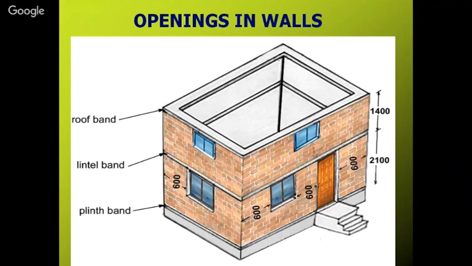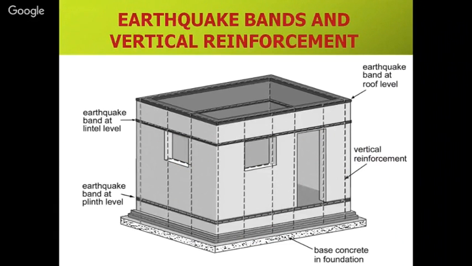These are some of the bands: plinth band, lintel band, roof band. We need to take care that openings should be at least 600 mm away from the corners, 600 away from each corner. We should have plinth band, lintel band, and roof band. If your building is in zone 5, then these are the vertical bands along with the horizontal bands.